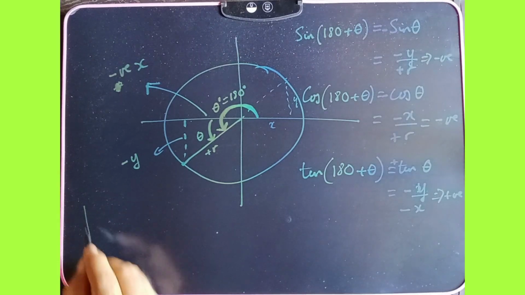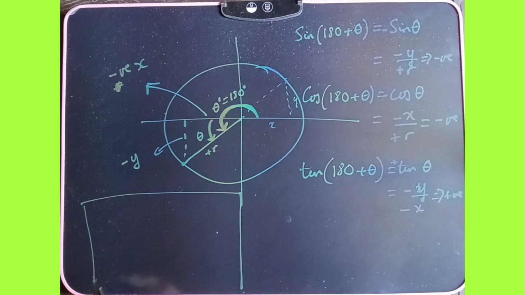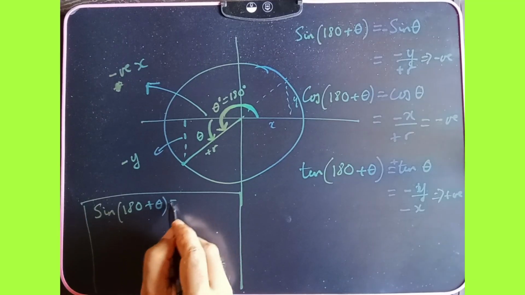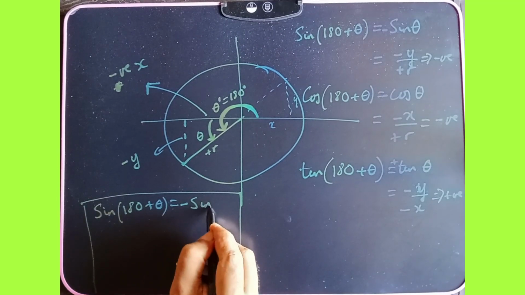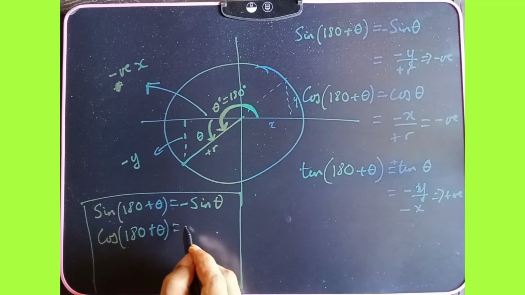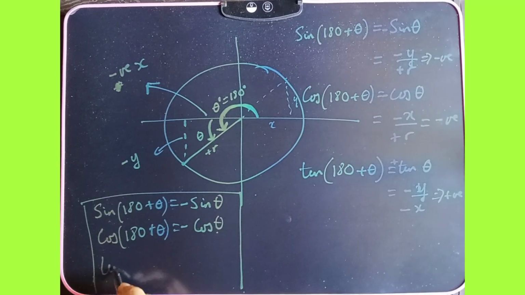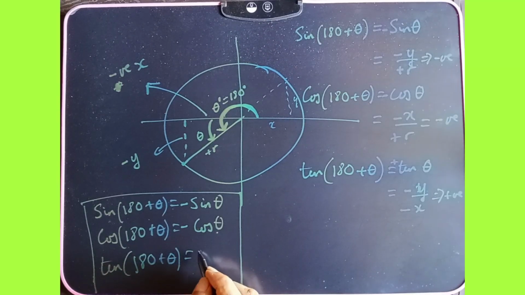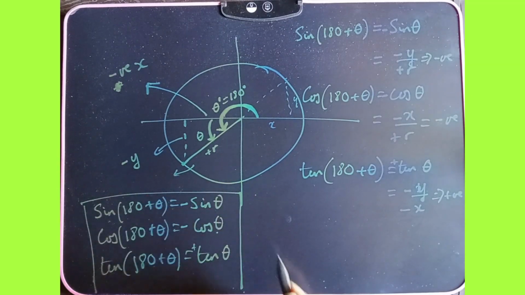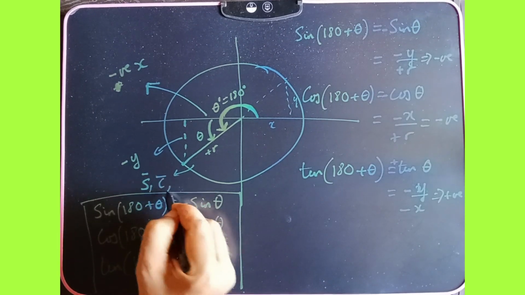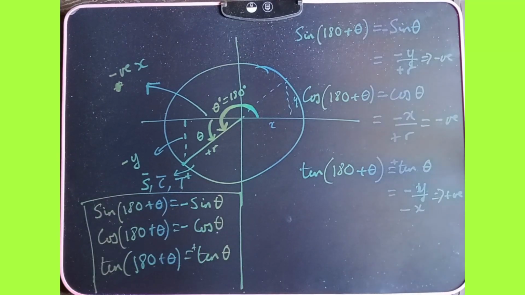Just to summarize: sine of 180 plus theta is equal to minus sin theta, cos of 180 plus theta is equal to minus cos theta, and tan of 180 plus theta is equal to tan theta. This is positive. So here we see that sine is negative, cos is negative, and tan is positive.